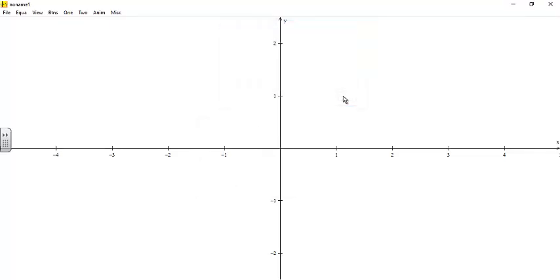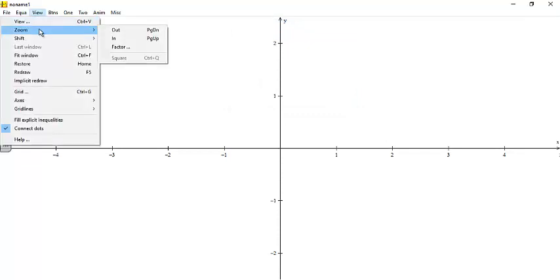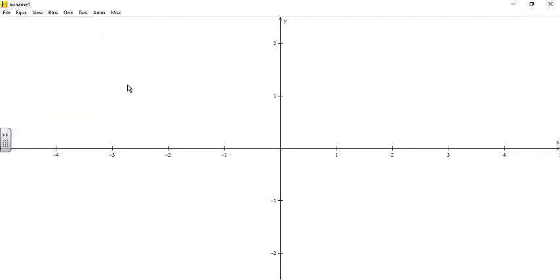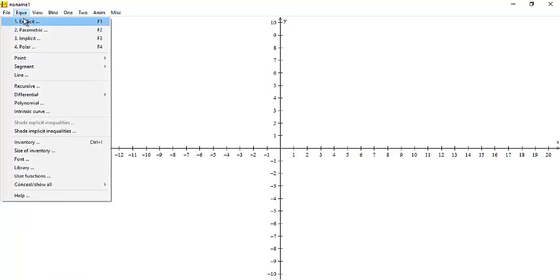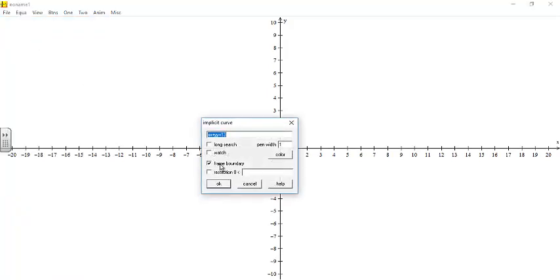Okay. Let's zoom out a little bit. Page down. Okay. Equation, implicit.